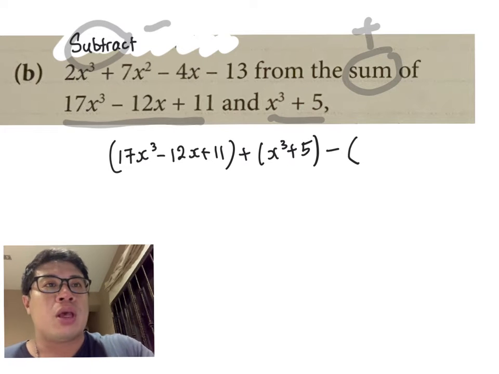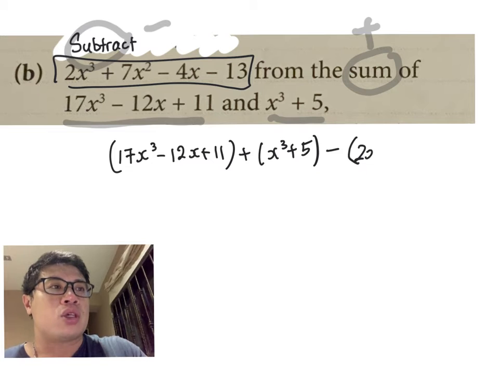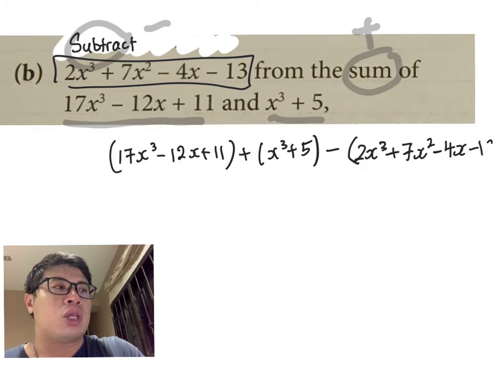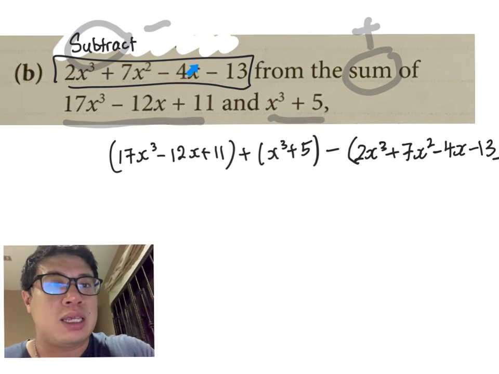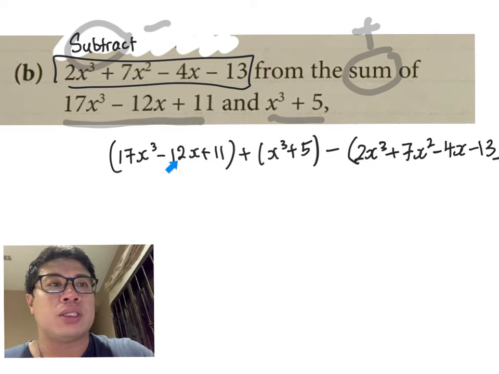So I'm going to subtract my whole expression here, 2x cubed plus 7x squared minus 4x minus 13. Take note that we are subtracting the entire expression from the sum of these two.